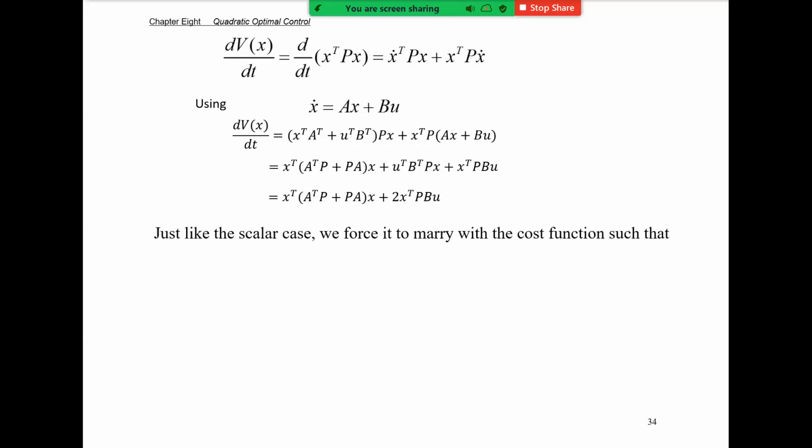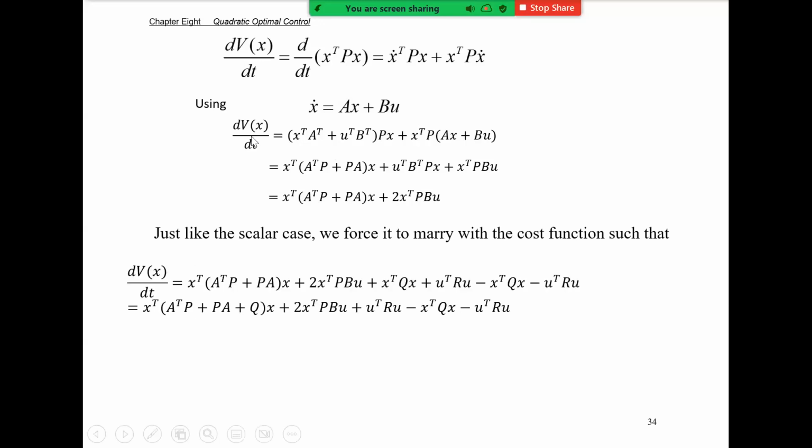Just like in the scalar case, we marry it with the cost function. So we say this change rate, I want it to be related to the cost function. I have to add x transpose Qx plus u transpose Ru, minus those two.